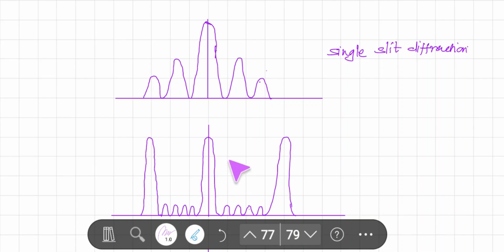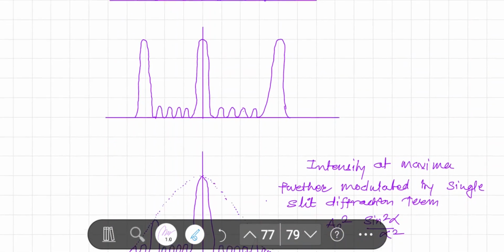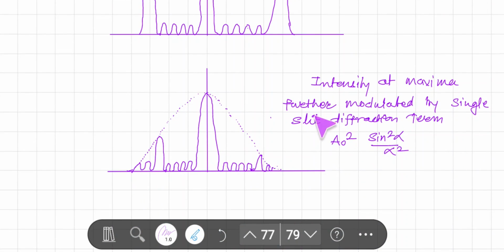But now when we multiply this by the single slit diffraction term, that is a0 square sine square alpha upon alpha square, it modulates this intensity, and finally we get the intensity at the maxima. After modulating with this term, we get a final intensity pattern on the screen like this.